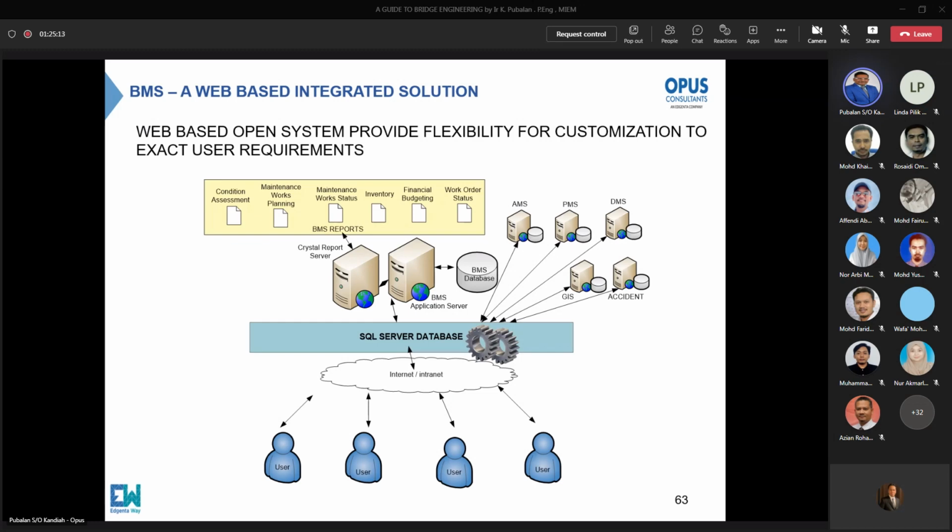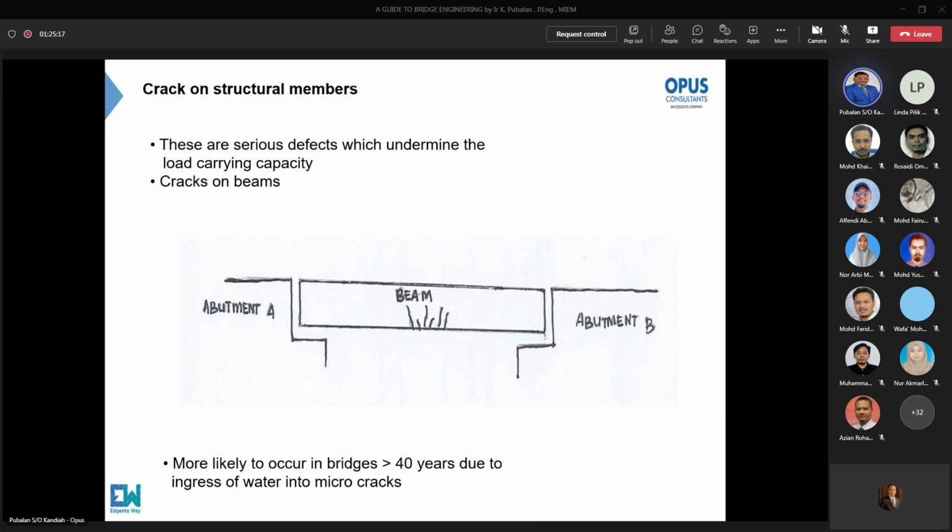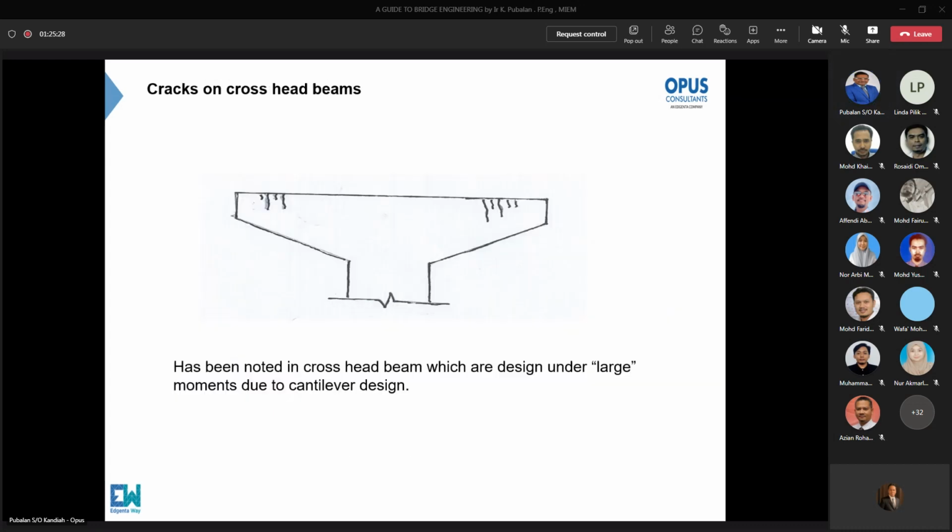Okay, so this ada BMS. Structure defect ni kita pergi laju sikit. Crack on structure member, more likely on beam which is more than 40 years. Micro crack is crack yang sangat halus. Yang pier yang crack.